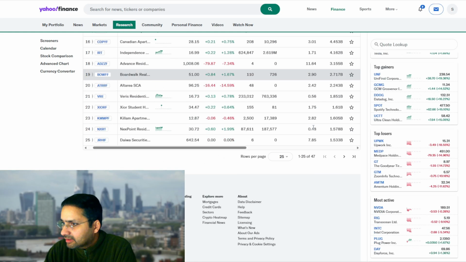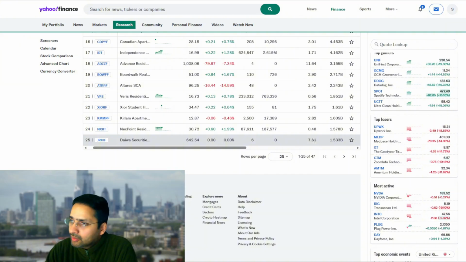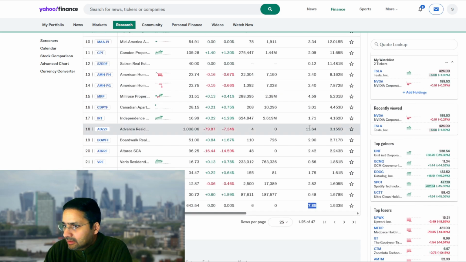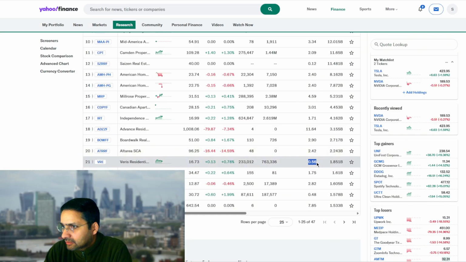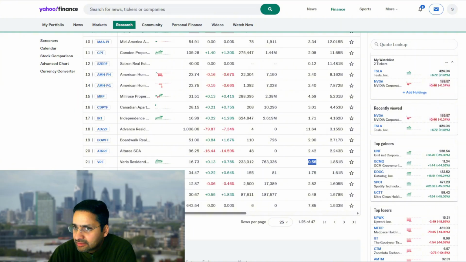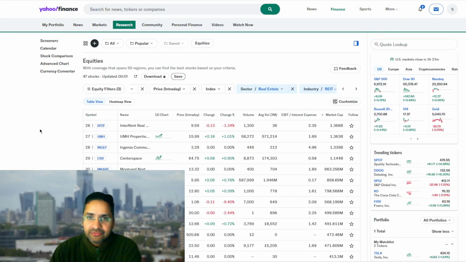My bad, I mean, the higher the better. So the higher the interest coverage, the less risky the business is. So this is a lot less risky than this, and something which has a low interest coverage can be considered a risky investment.